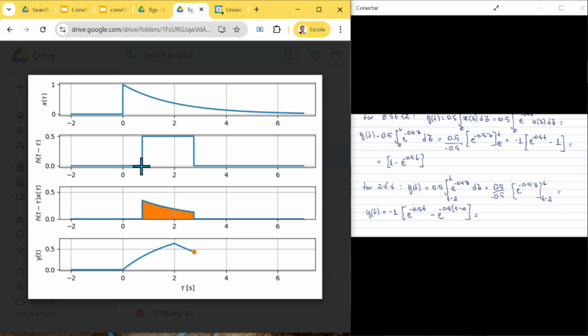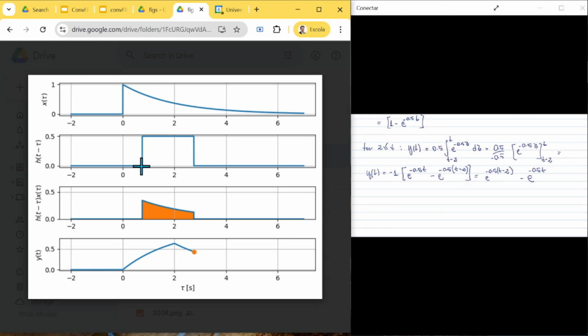Okay, so I will swap the signs because of this. e to the minus 0.5 (t minus 2) minus e to the minus 0.5 t. Okay, right?